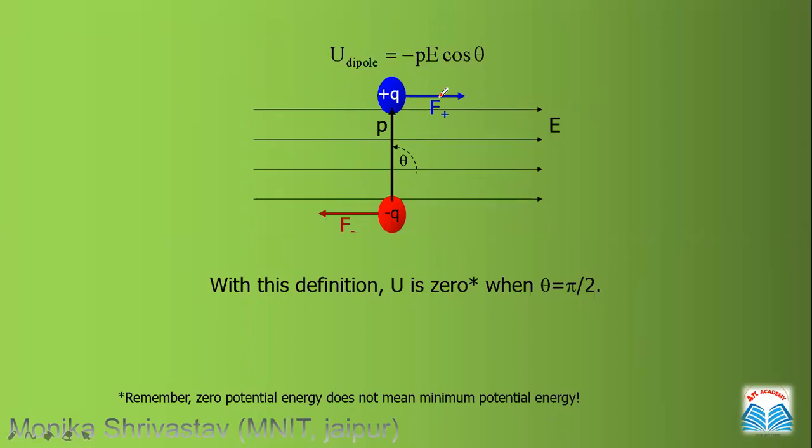We have minimum potential energy and we have maximum potential energy too. Whether we are getting zero potential energy, that doesn't mean that zero is the minimum potential energy. The potential energy can also be negative, and that will be the minimum potential energy.